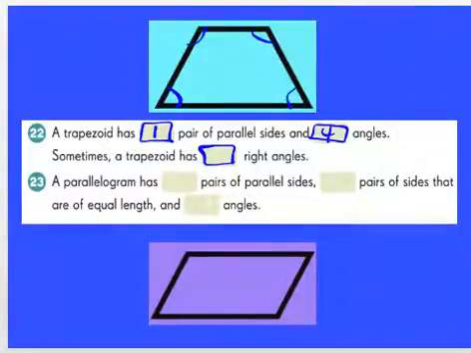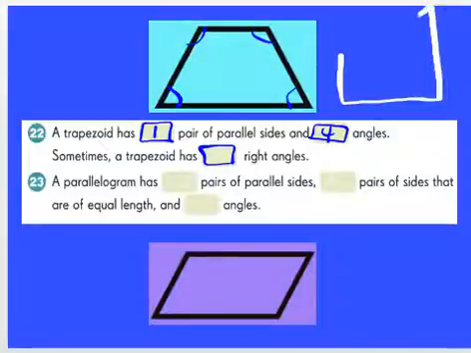So to get that trapezoid, we have to have 2 sides go in. So we could have 2 right angles, and we could lengthen the side. That's still a trapezoid right there. And these are right angles. I still have my parallel sides here. I still have 4 angles. It's just that 2 at max can be right. You can't have 4 right angles because then it won't be a trapezoid. It'll be a rectangle.